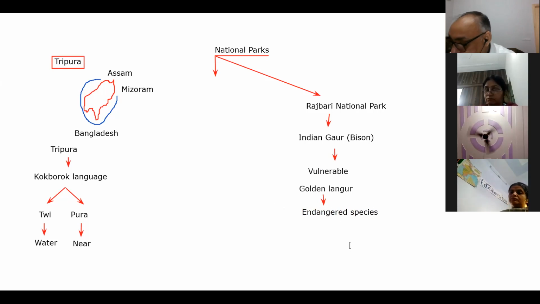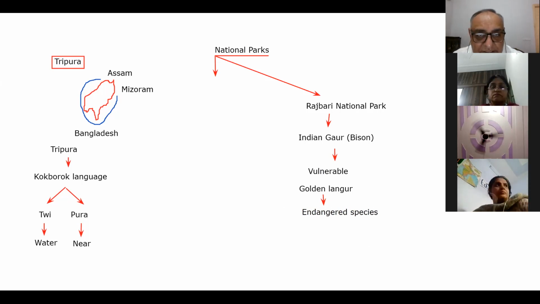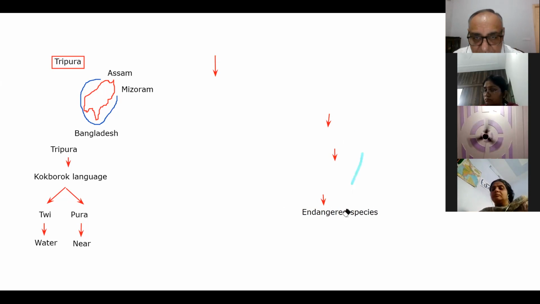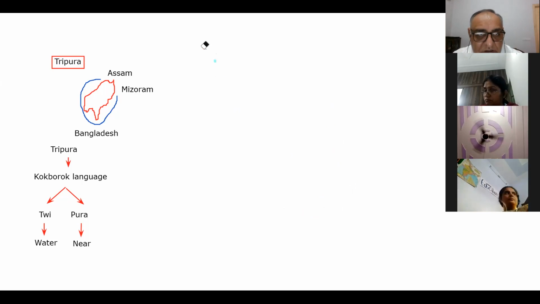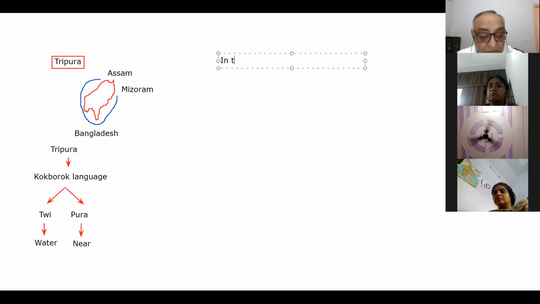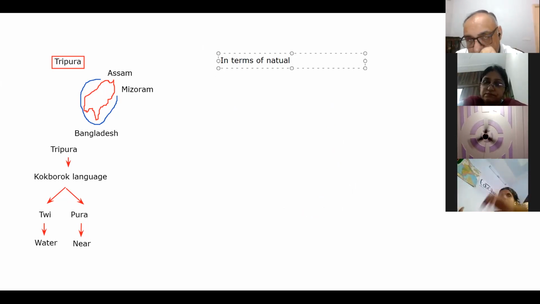And the next thing is, in terms of natural rubber, क्योंकि वहाँ टी होती है, कॉफी होती है, रबर होती है, palm trees होते हैं, right?